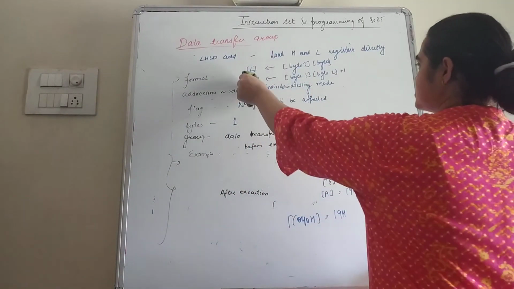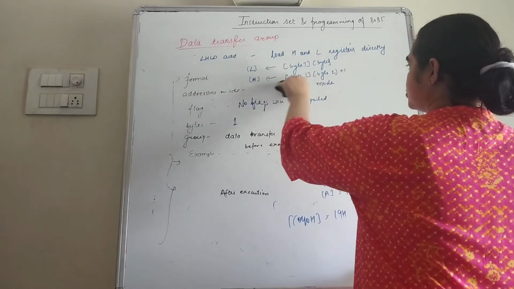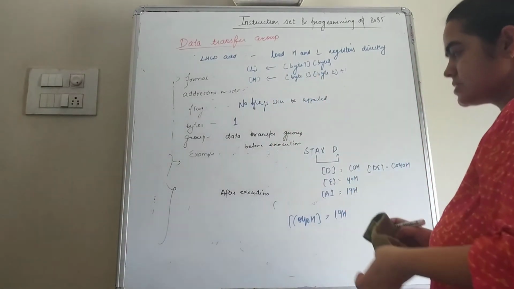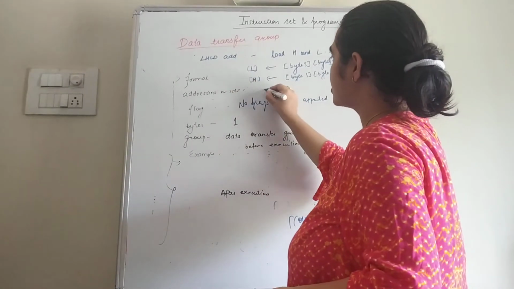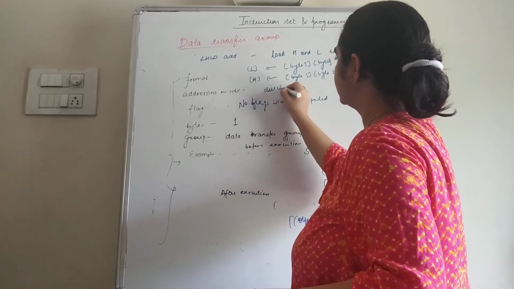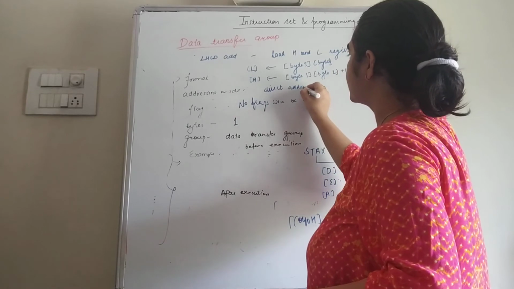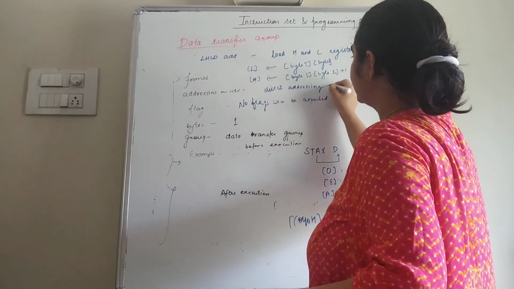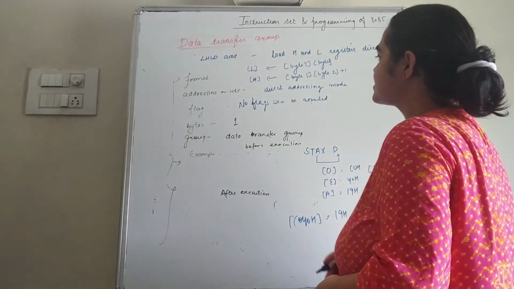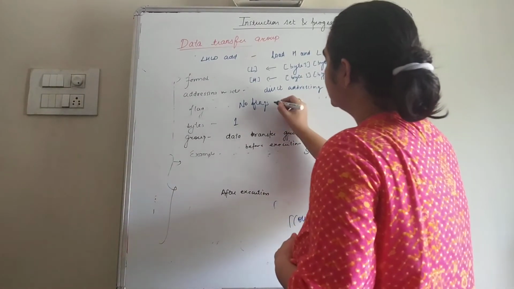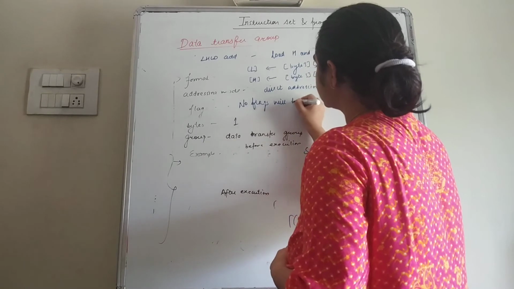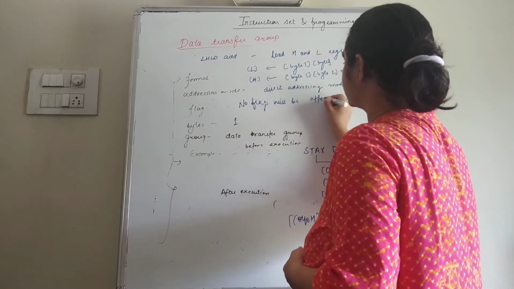Addressing mode: here the address is given directly in the instruction, so it is direct addressing mode. Next is the flag. No flag will be affected by this instruction because it belongs to the data transfer group.